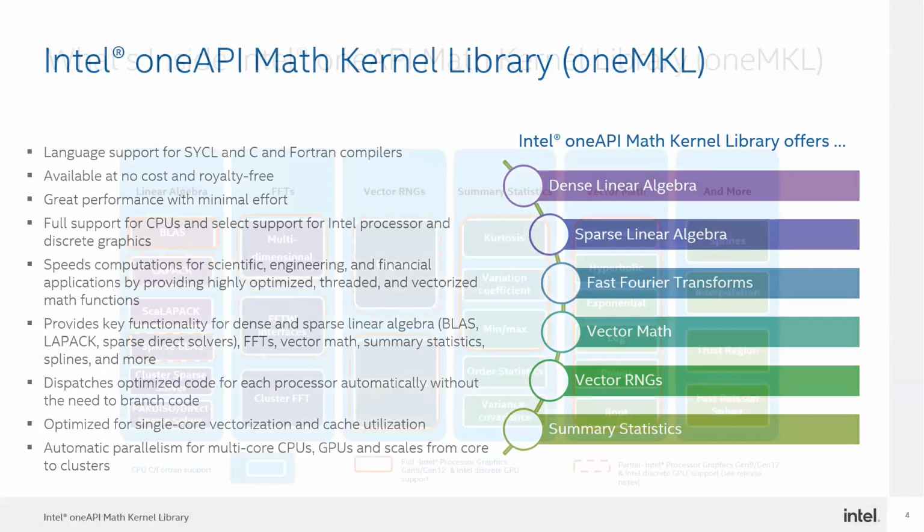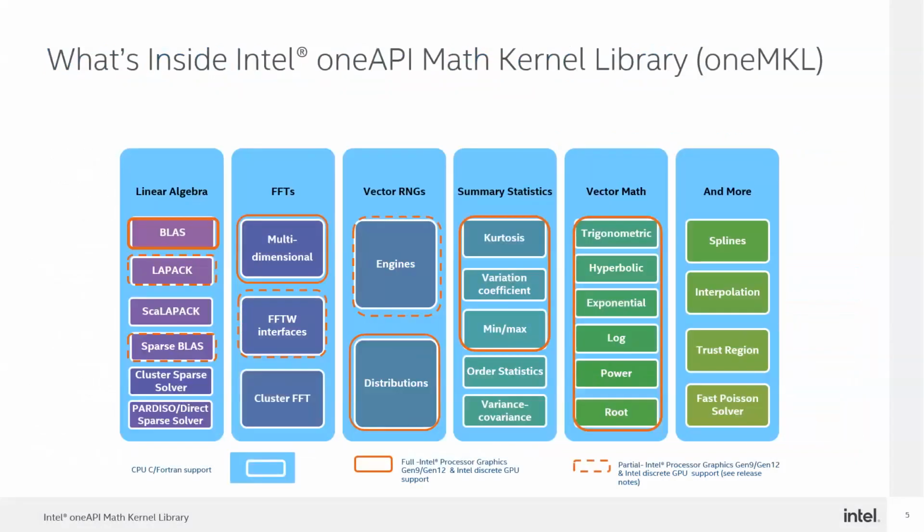So what's inside exactly? As I mentioned, you have linear algebra, so the very classical BLAS, LAPACK, ScaLAPACK. You have the sparse version of those. You have solvers, then the fast Fourier transform. You have the typical multidimensional fast Fourier transform. There is an FFTW interface to that to simplify the porting of your codes, because FFTW is widely used in many different code packages.